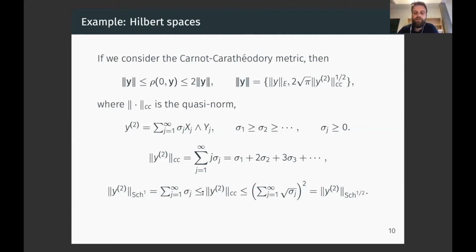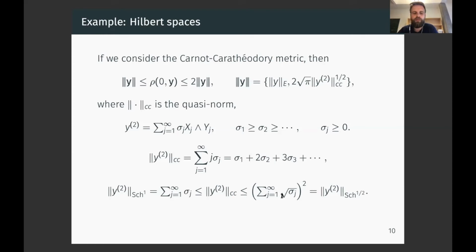It's bounded between the Schatten 1 norm and what you get if you take the Schatten 1/2 norm. This looks a bit strange from the definition, because it seems like it would not be bounded by any such norms, but because these things have to be decreasing, you actually get this inequality.